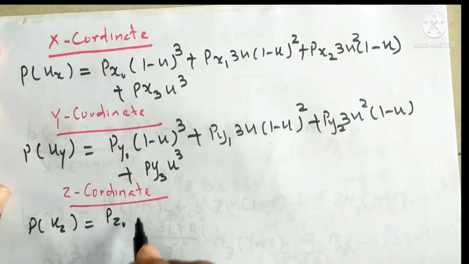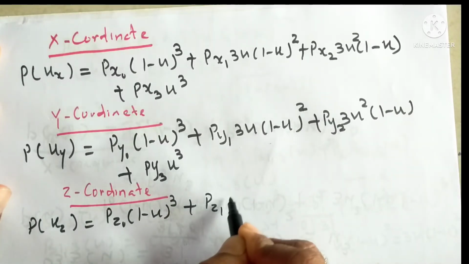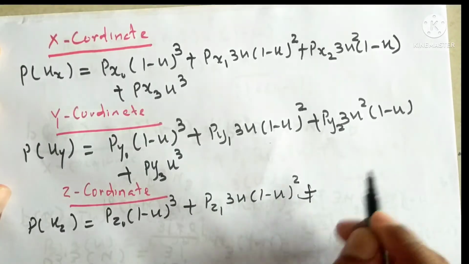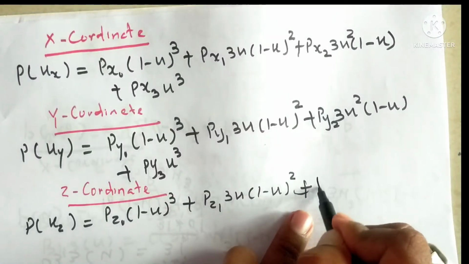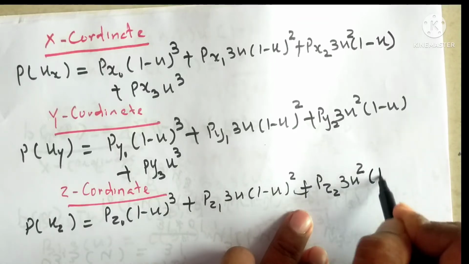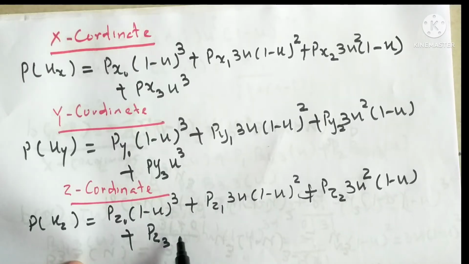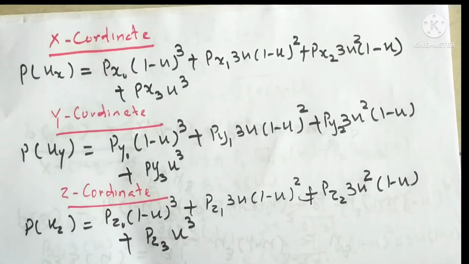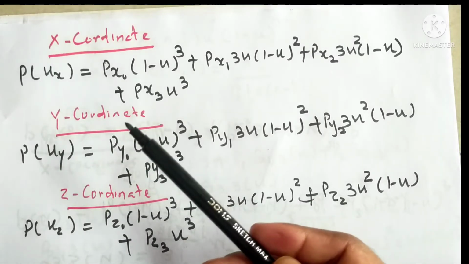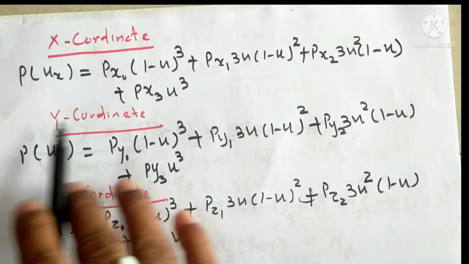Pz0 into 1 minus u to the power 3, plus Pz1 into 3u into 1 minus u square, plus, I can write here, Pz2 into 3u square into 1 minus u, plus Pz3 into u to the power 3. Now we can easily find the position vector of the x coordinate, your y coordinate and the z coordinate by using the equations you have mentioned here.